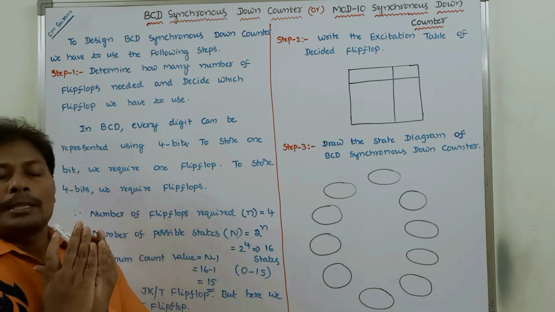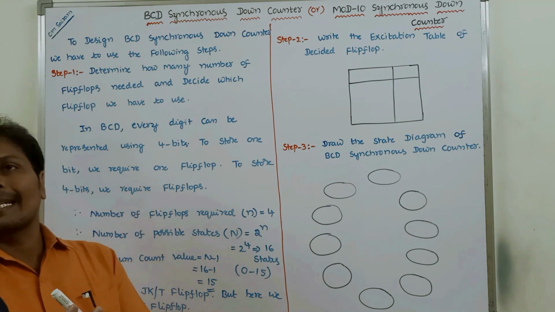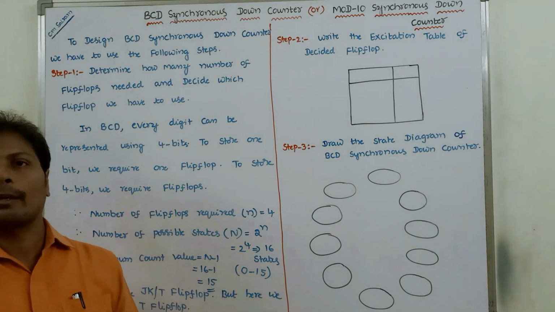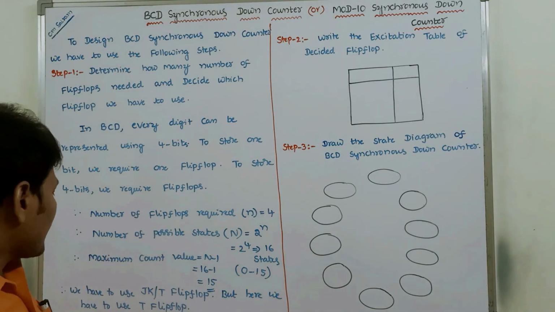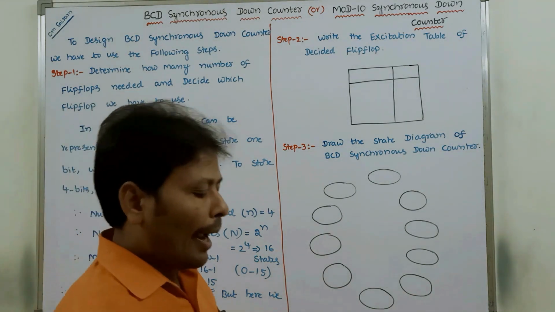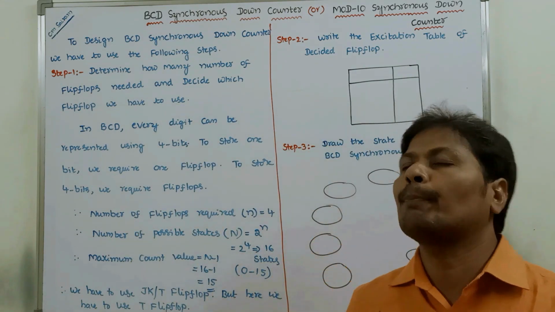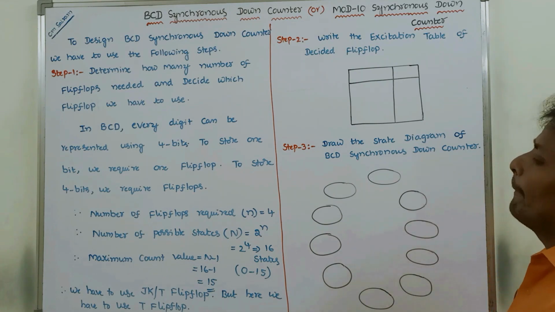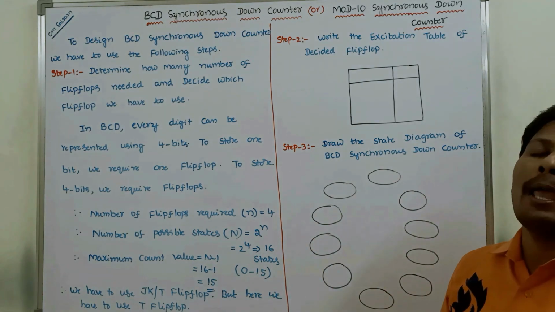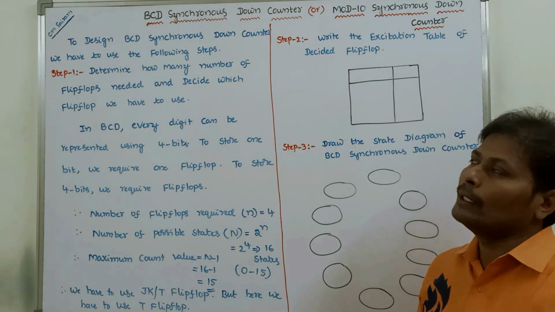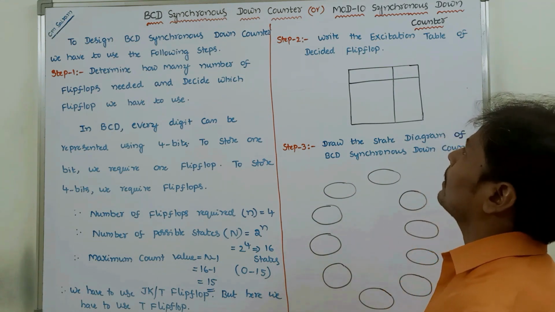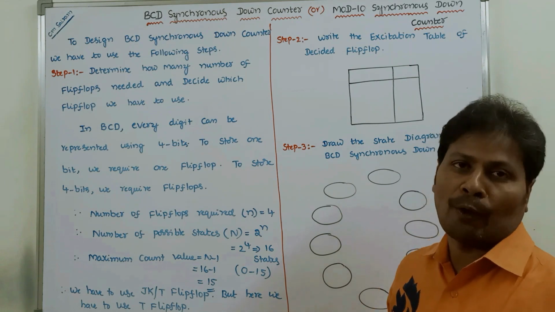So 0 to 15, total 16 states are possible and the maximum count value is equal to 15. Next, we can use either JK flip-flop or T flip-flop, but in this problem I am using T flip-flop to design BCD synchronous down counter or a mod 10 synchronous down counter.